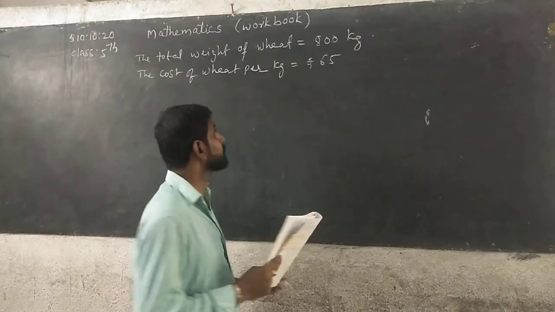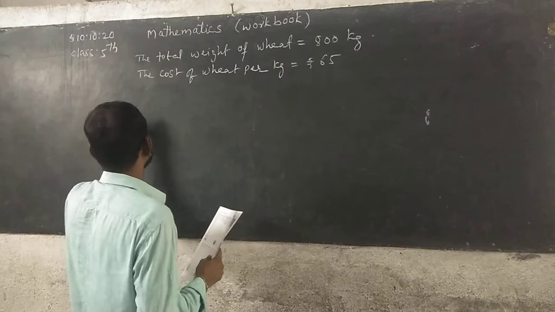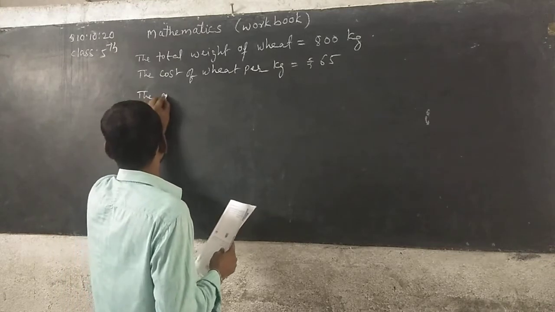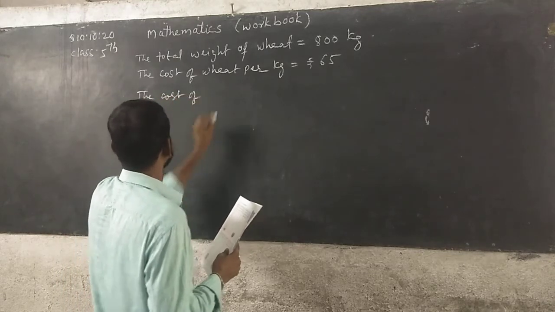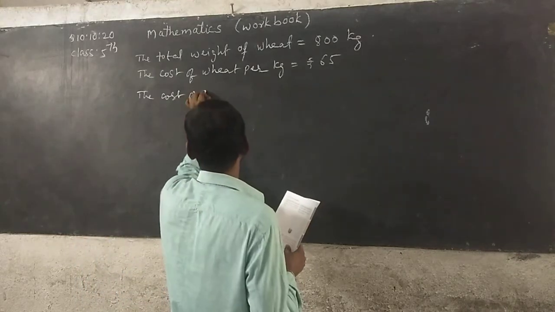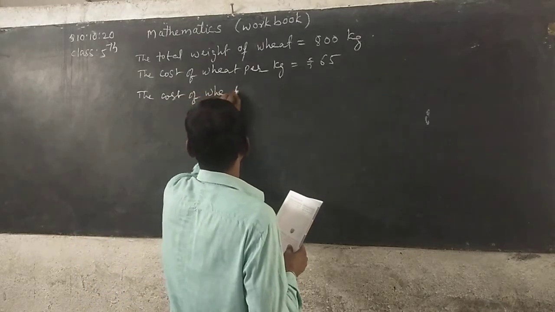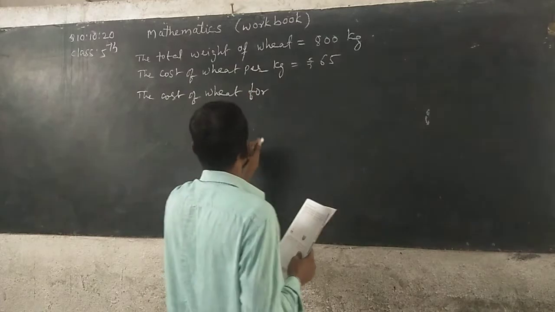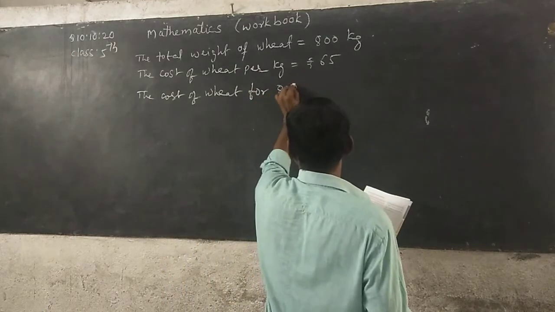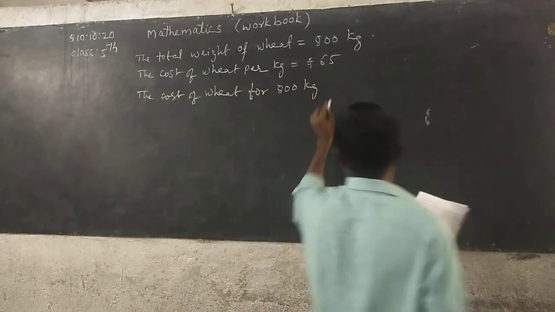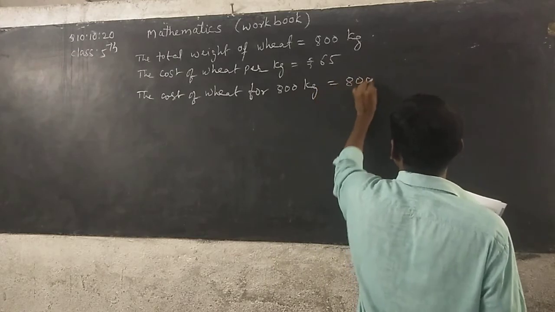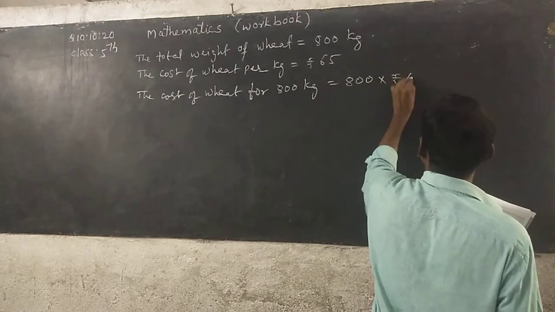The cost of wheat for 800 kg, that is equal to 800 into 65 rupees.